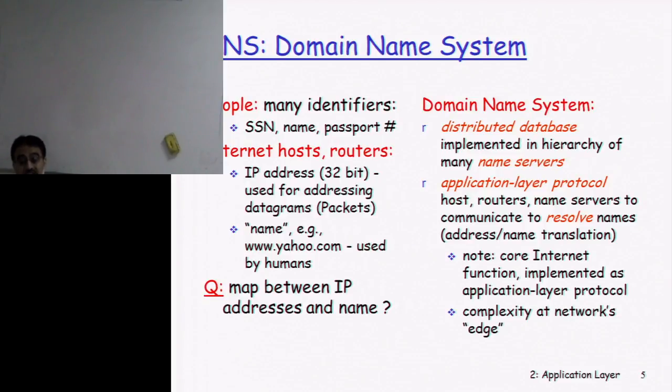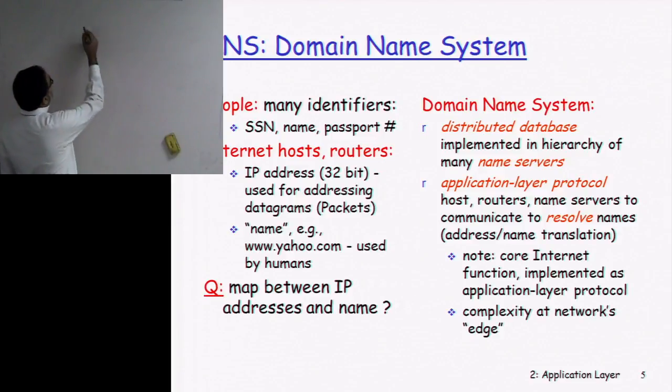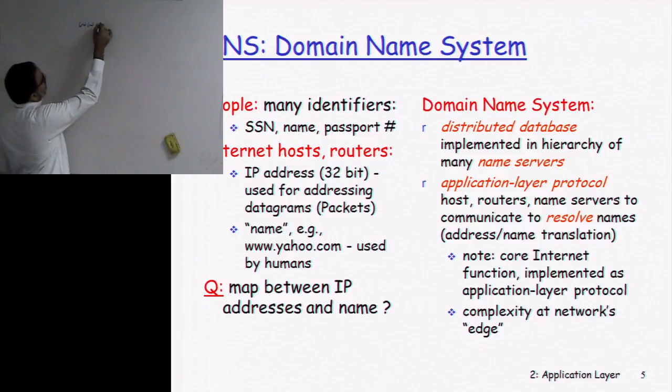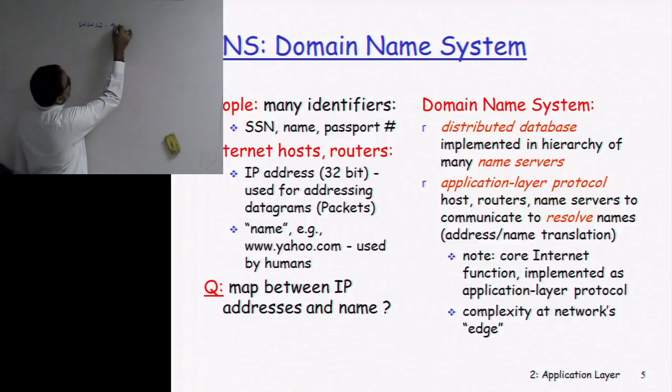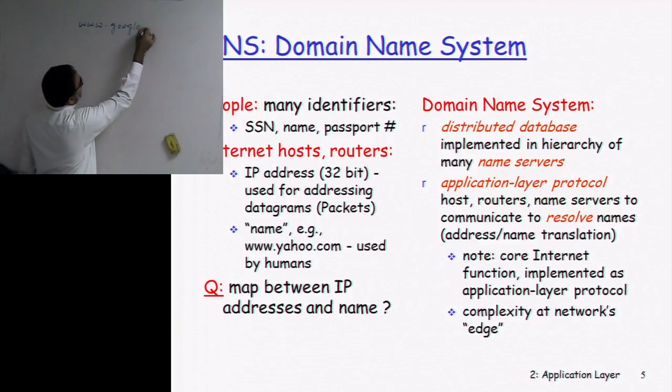The DNS server maintains a database of mapping between the URLs and the IP addresses. So if this URL is in the database, it will have an IP address against it. That IP address will be retrieved and returned, and it will be used by the router, and the router will route the traffic on the internet.